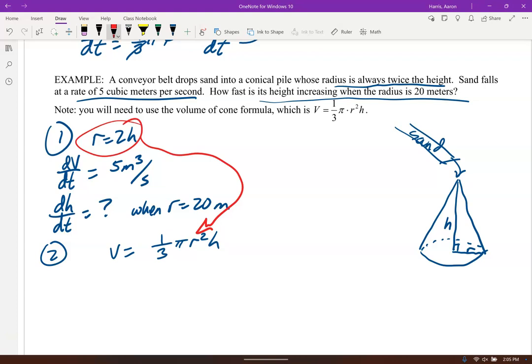That's a key bit of information. So I got 1/3 pi, 2h squared, times h. So I got 4/3 pi h cubed.